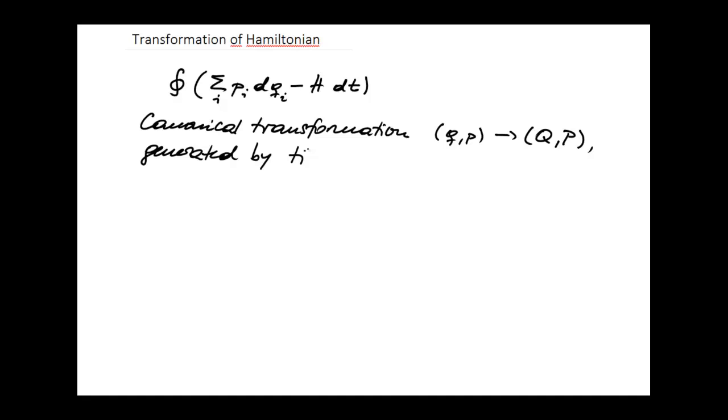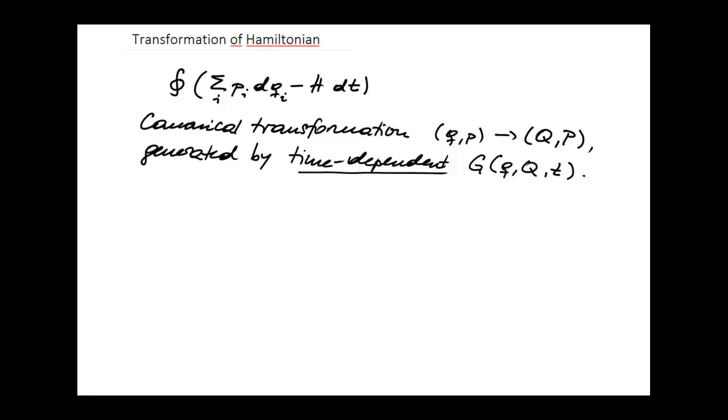So we have the transformation generated by a time-dependent generating function g, which is a function of the old and the new position coordinates, and now depends also on time.